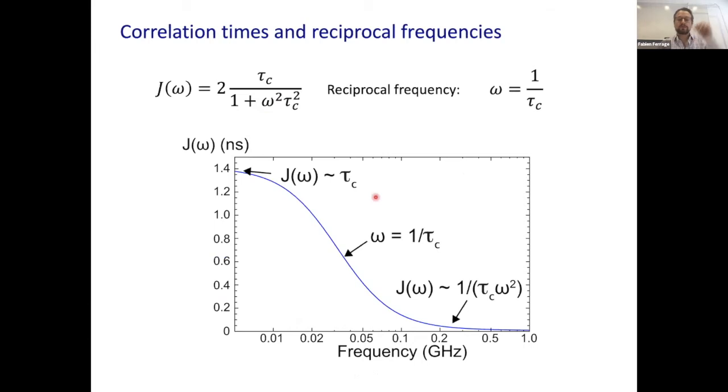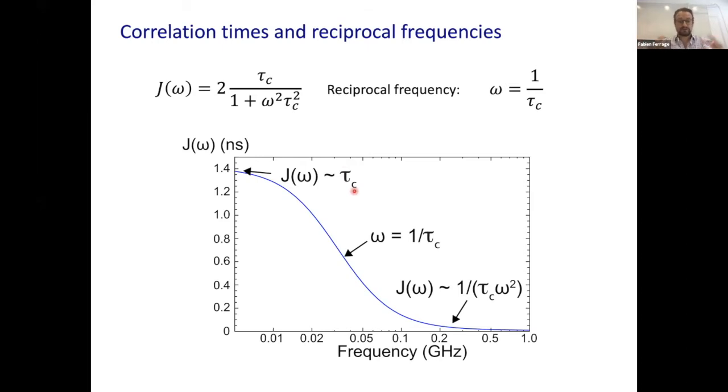So one small point when we are looking at the spectral density, a few characteristics. If we get towards 0, then the spectral density function becomes proportional just to tau c. So the larger the system, the longer tau c, which varies with the volume of the molecule, and so the higher J0.